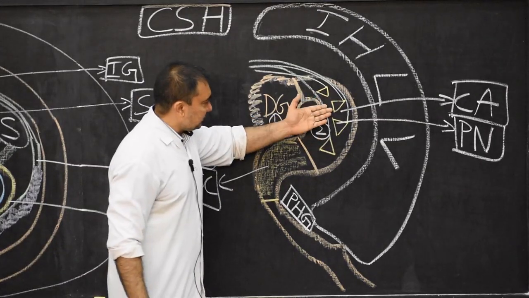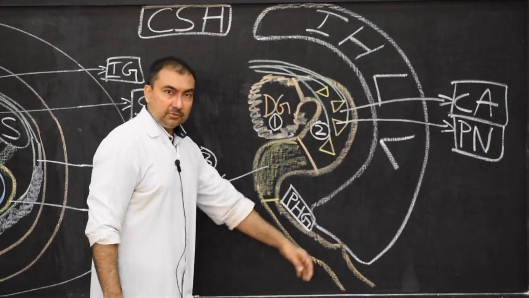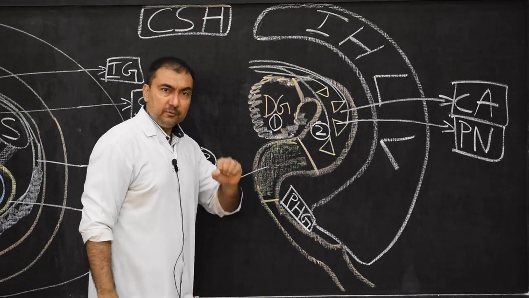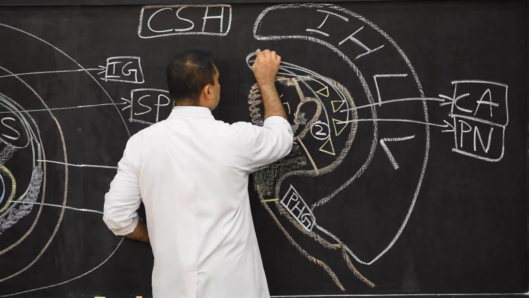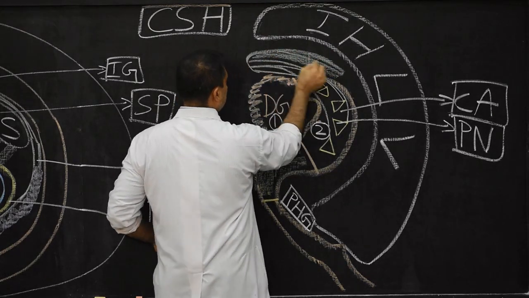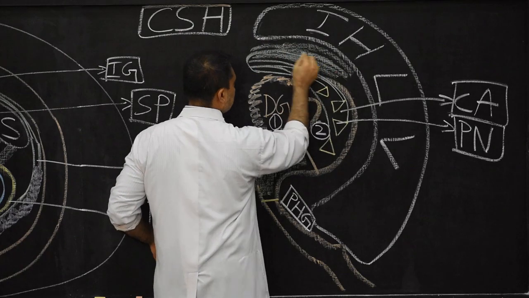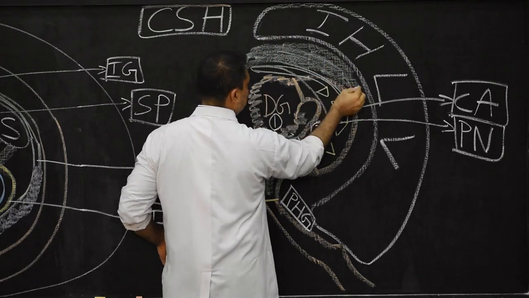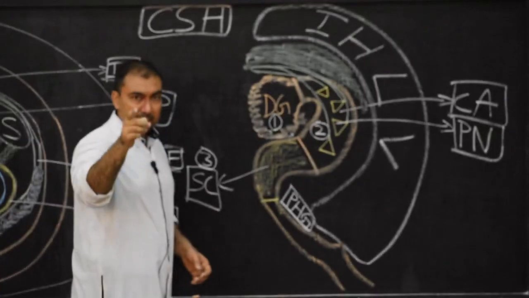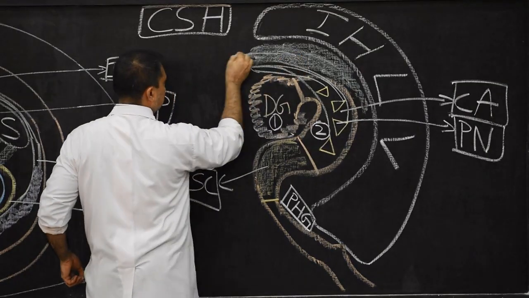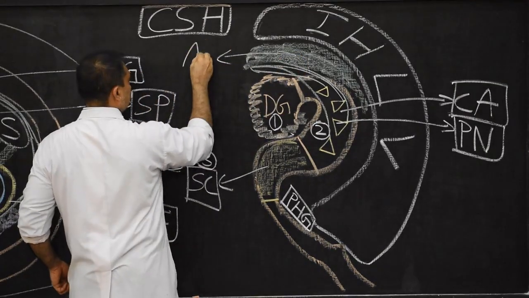Which are present in cornu ammonis. So the axons of the pyramidal neurons present in cornu ammonis will form the white matter, which will cover the entire hippocampus, and therefore the white matter which covers the hippocampus will now be known as alveus.